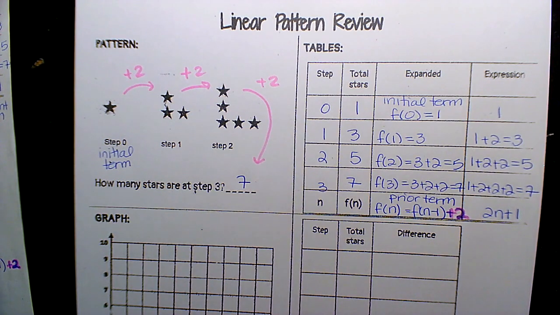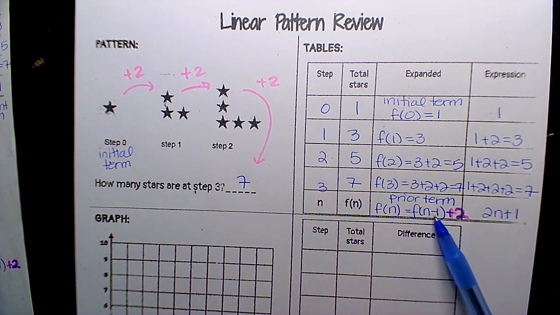Because you guys are going into sequences, when you're writing sequences, you can write them 2 ways, explicit or recursive. Recursive is what we just did, where you start at the first step, which is 1 star, and each time it's plus 2, plus 2, plus 2. So this prior term is f of n minus 1.